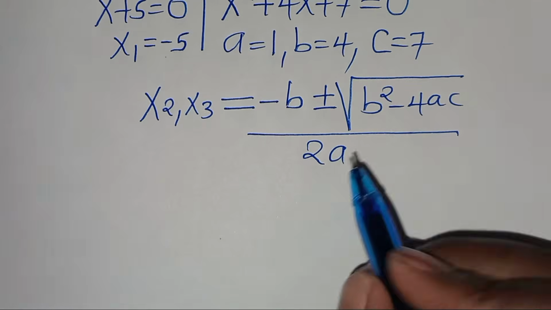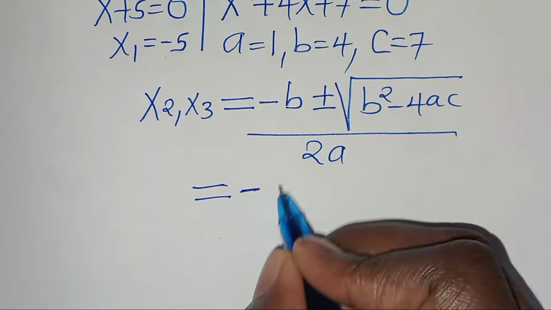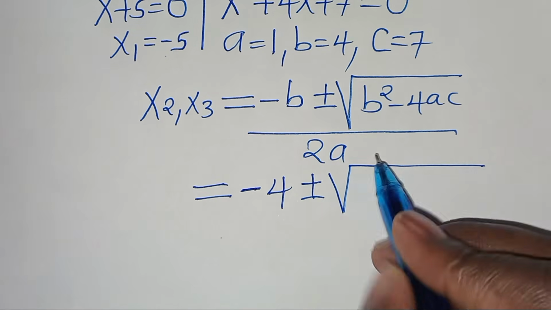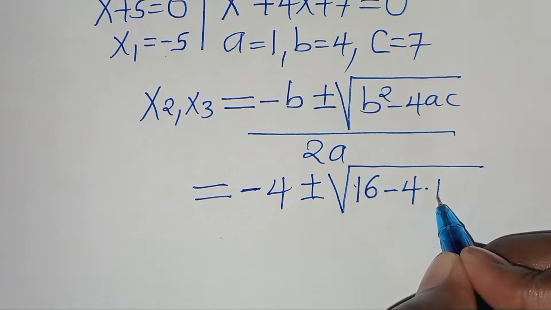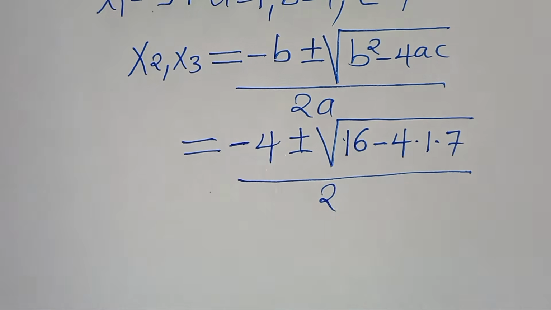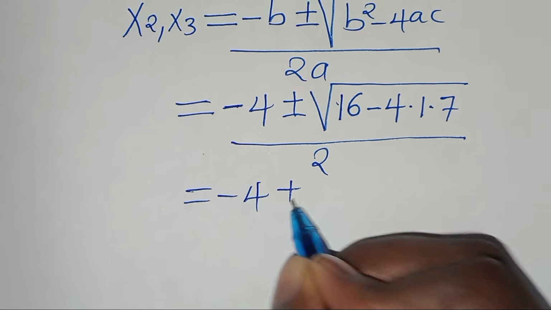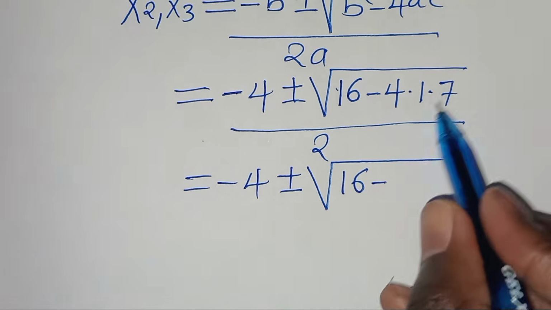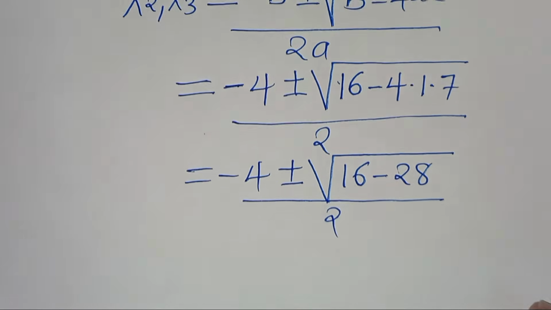Applying this formula, we have minus 4 plus or minus the square root of 4 squared, which is 16, minus 4 times 1 times 7, divided by 2 times 1, which is 2. So this implies minus 4 plus or minus the square root of 16 minus 28, all divided by 2.